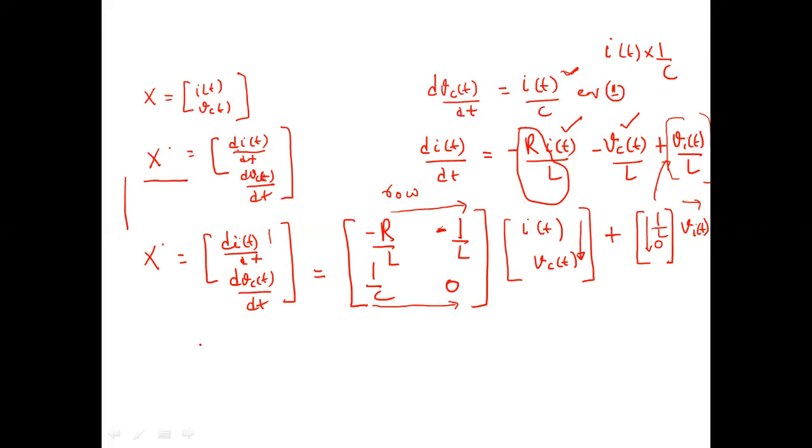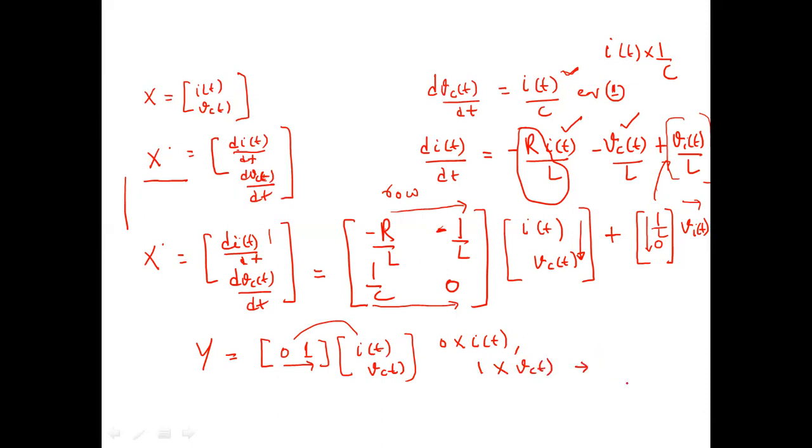So this is how it is done. As far as the output y is concerned, you can straight away write the y value as 0 into i(t) plus 1 into Vc(t). The first term is 0 into i(t), which is 0, and for the second term it is 1 into Vc(t).